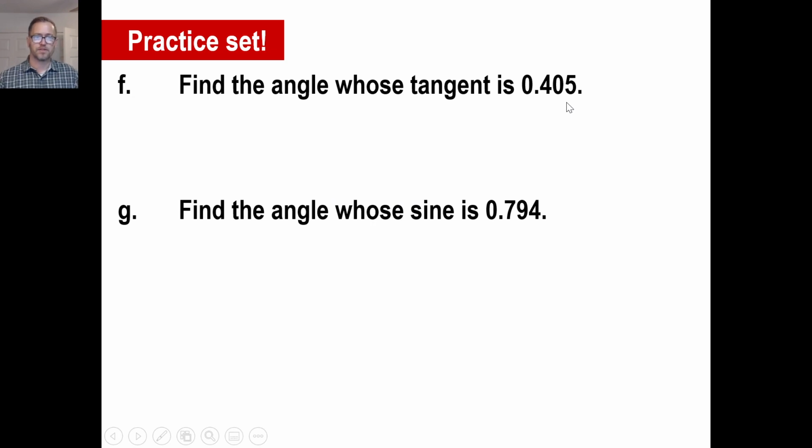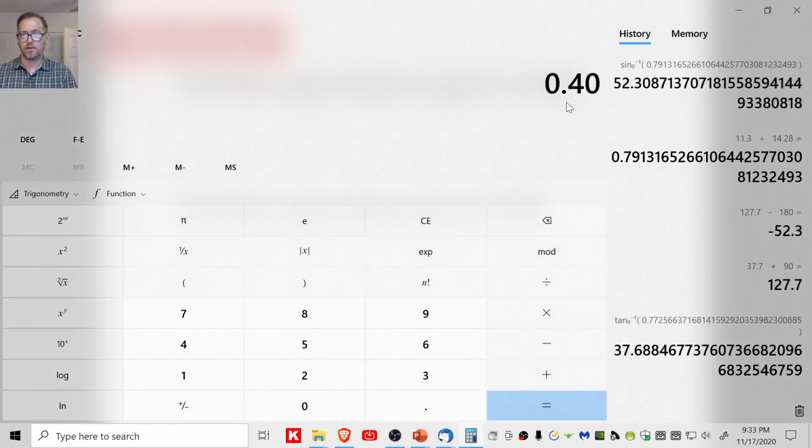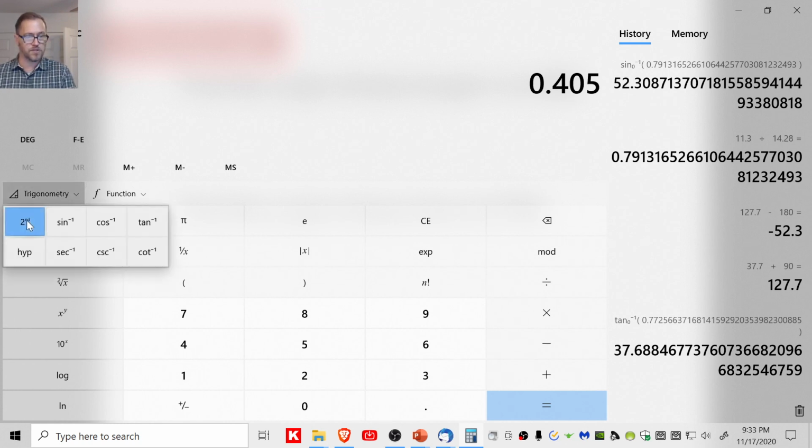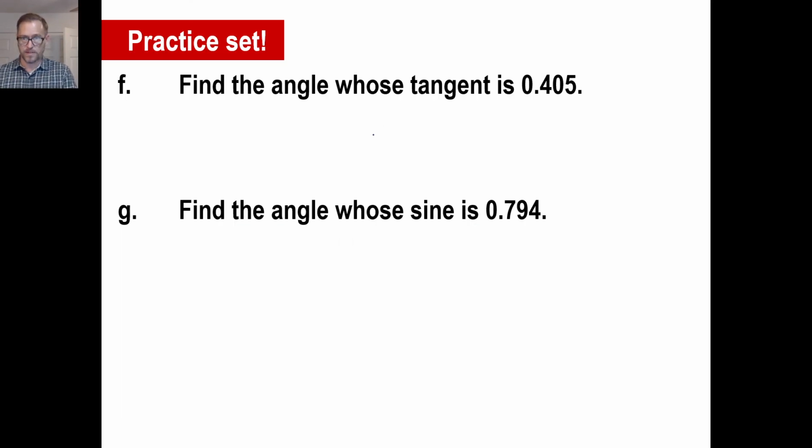All right, last two. Find the angle whose tangent is 0.405. Well, again, you're just going to punch in 0.405. And the tangent, we're going to go trig over here, second, and then the tangent, doink. That's a 22-degree angle. Let's say here's a triangle, and this is 22 degrees.